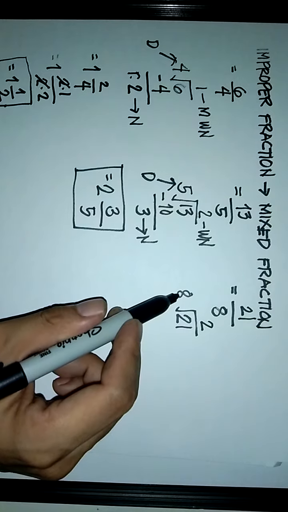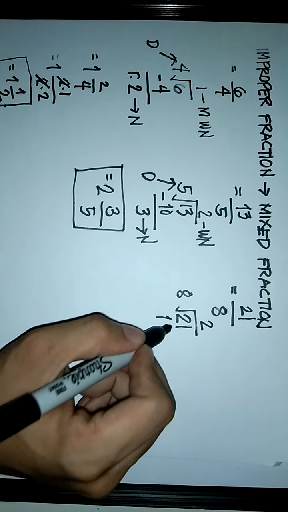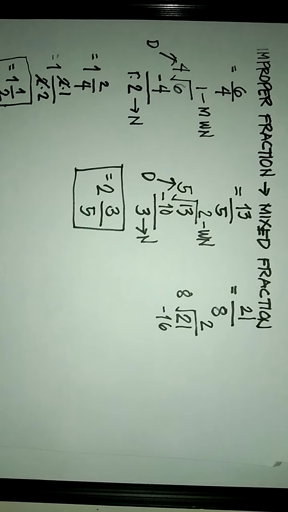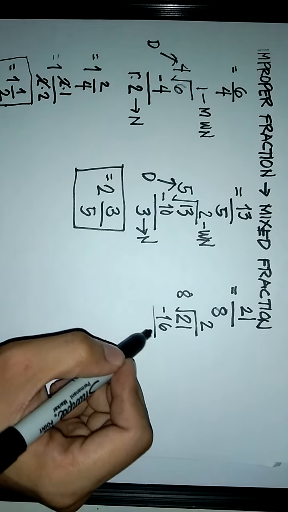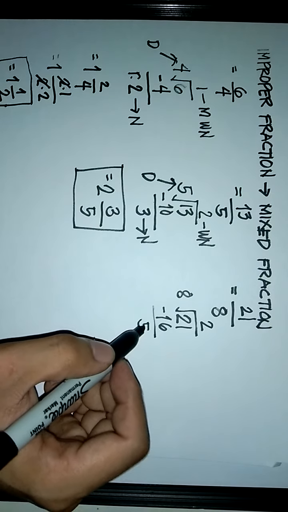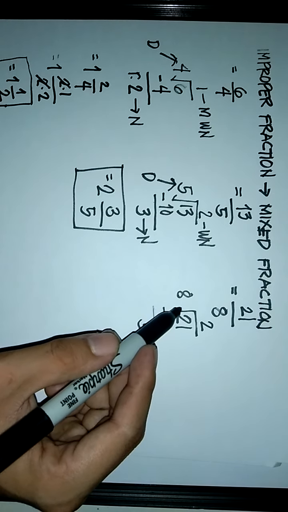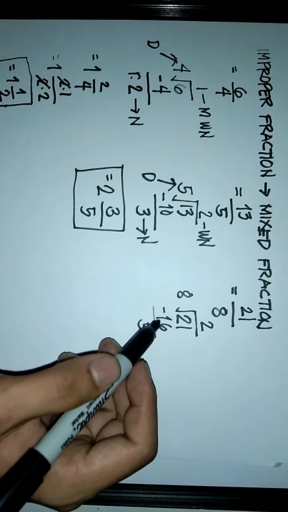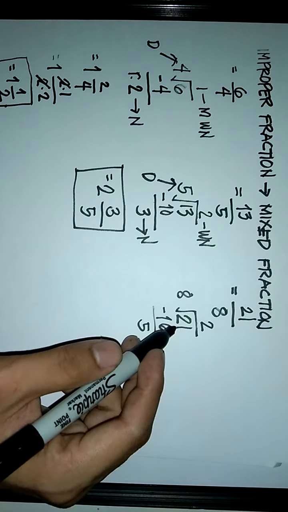And then 2 times 8 is 16. 21 minus 16 is equal to 5. And 5 cannot be divided by 8. So we have arrived dun sa ating final answer.